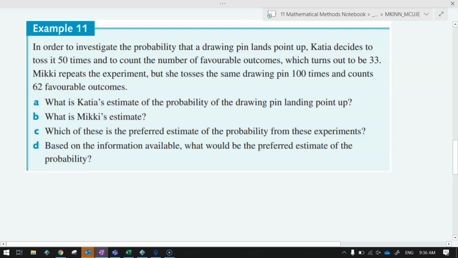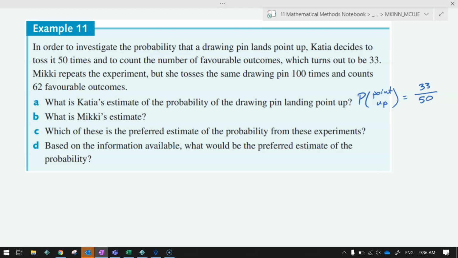What is Katya's estimate of the probability of the drawing pin landing point up? So our estimate of the probability that it lands point up is going to be the number of times it landed point up, which was 33, divided by the number of times she actually tried, which was 50. What about Mickey?